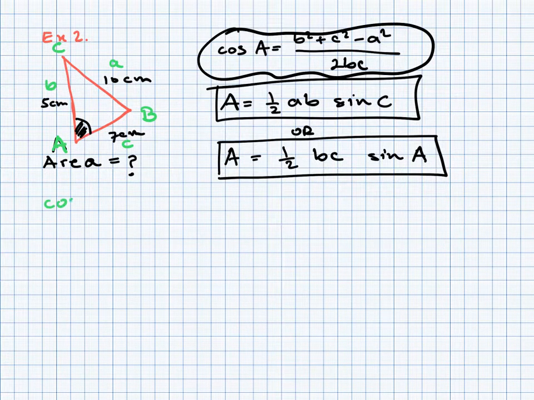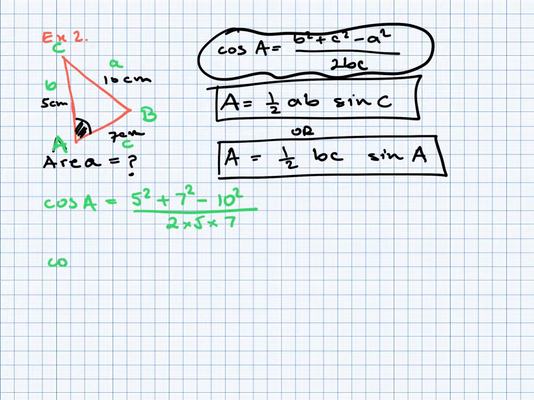So cosine of A is equal to b to the power of 2, which in our case is 5, so 5 to the power of 2, plus c to the power of 2, which is 7, take away a, which is 10, and then over 2 times b, which is 5, times c, which is 7.